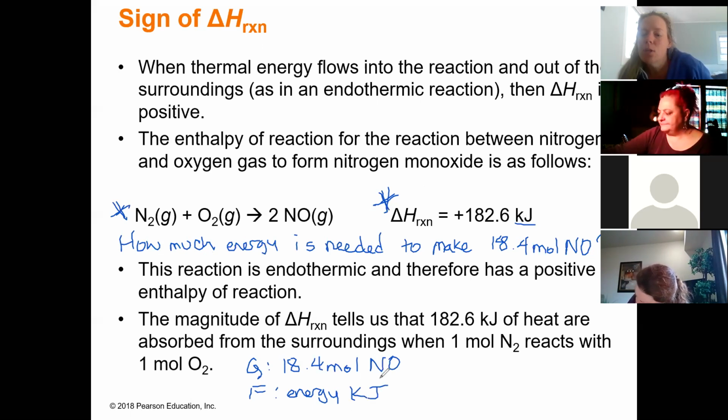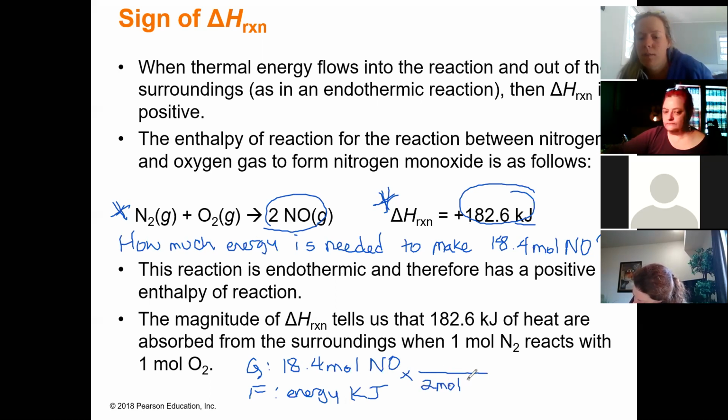What's my relationship between NO and kilojoules? Well, 2 moles of this makes this much energy, or needs this much energy. So I start with my given information and do a quick conversion. For every 2 moles of NO, I am going to need a positive 182.6 kilojoules.